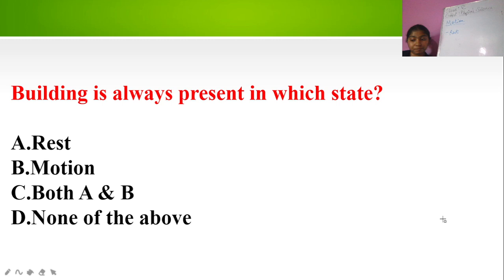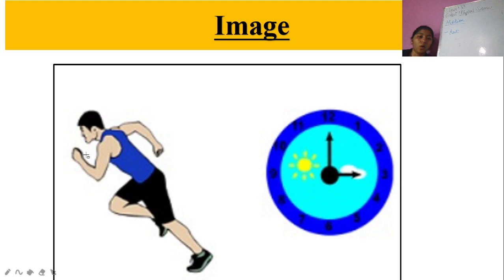Now students, I have an image for you. Let's see what the image is. See, what are those? First, write down your observation in the comment box. Okay, very good, I think you have done your task. So basically we can say that in the first, a man is running, right?